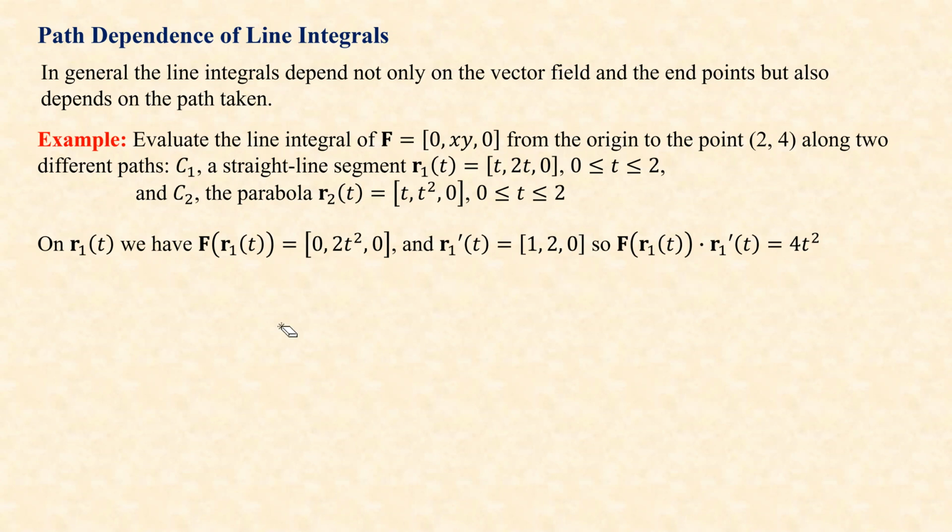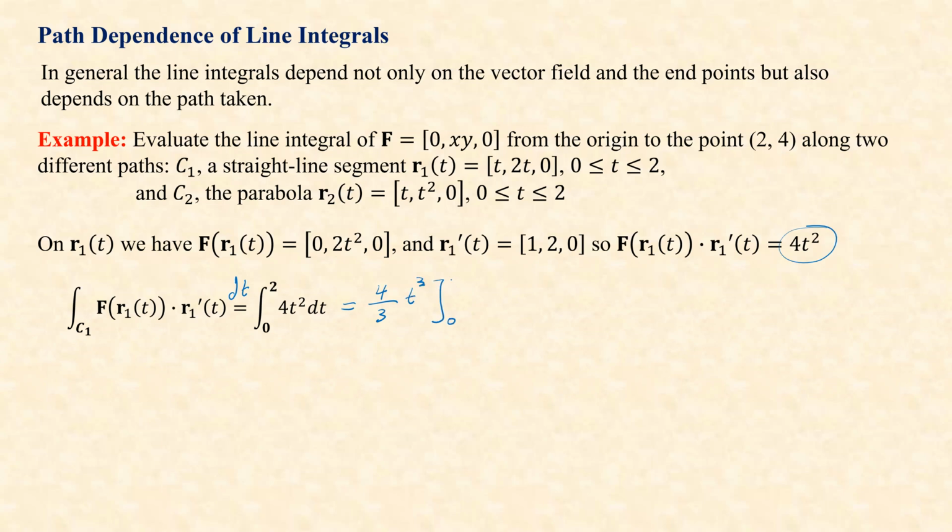So now we are ready to do the integral of f dot r prime dt, which is 4t squared dt. And that becomes 4/3 of t cubed evaluated between 0 and 2.